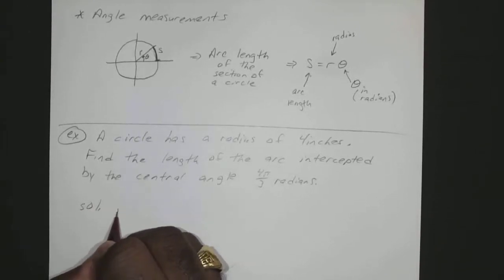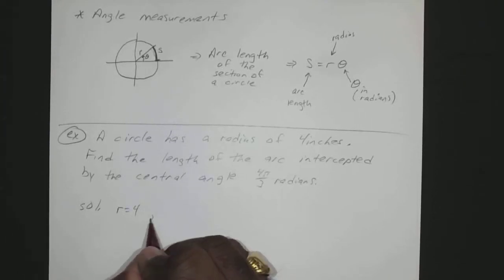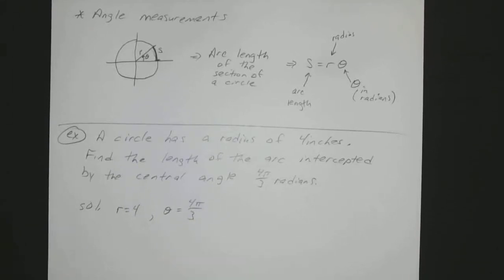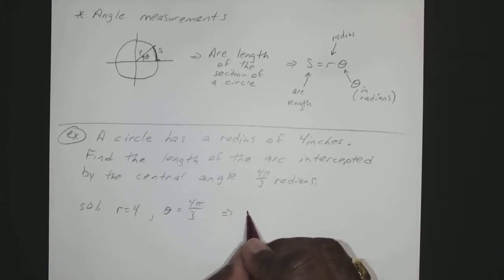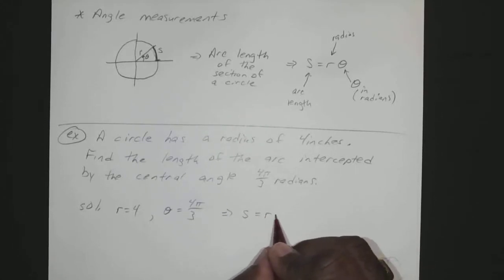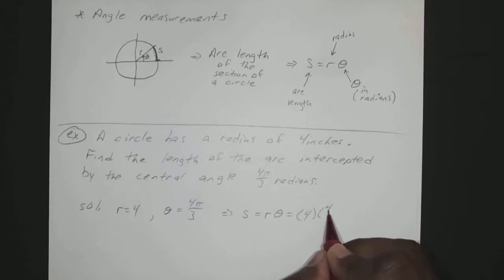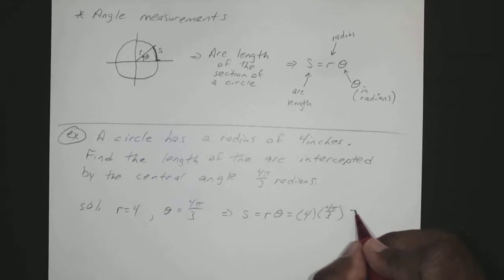Okay, so we know that our radius is equal to 4, and our central angle is 4 pi over 3. That means the length of your arc, which is r theta, is going to equal 4 times 4 pi over 3 radians, which is 16 pi over 3.